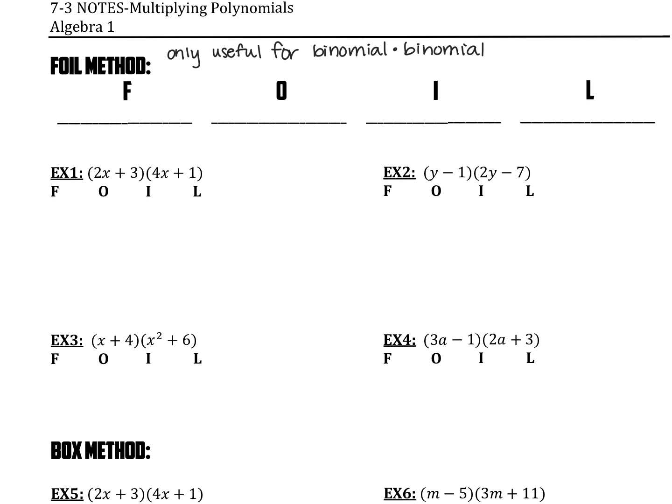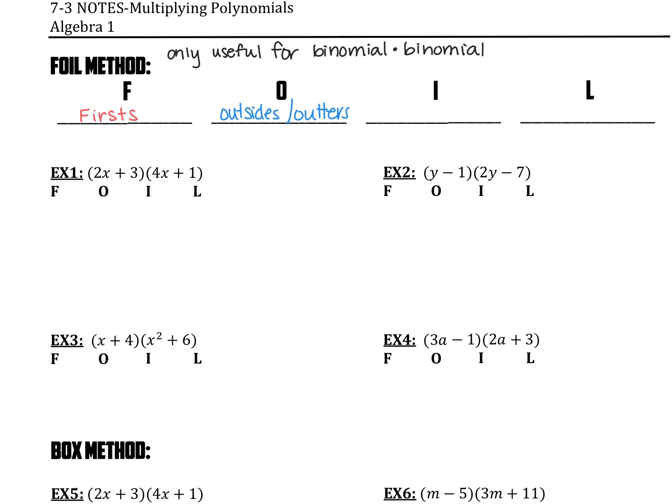So here is the order in which we use the FOIL method. The F stands for the firsts. The O in the FOIL method stands for the outsides or the outers, and it kind of just depends on which way you call it. It doesn't really matter, outsides or outers.